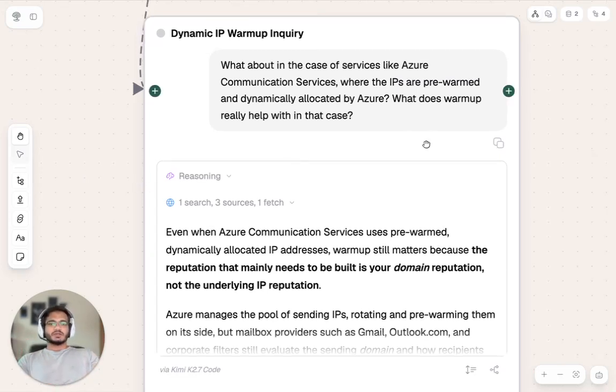So Azure Communication Services has this SLA, or service level agreement, in which it's going to give you IPs that are always pre-warmed. These are good IPs maintained by Azure. These are the ones that Microsoft Outlook 365 has been building for several decades, because that's what's been running their business email infrastructure and the whole city of emails that Microsoft is managing, right?